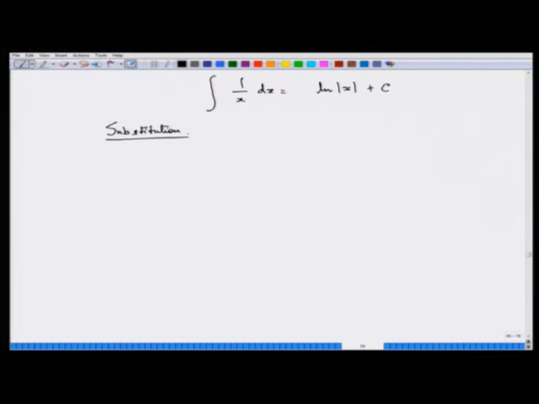Take an example: say you want to integrate 2t cos t square dt. You want to simplify this into a form where you can immediately apply the antiderivative.